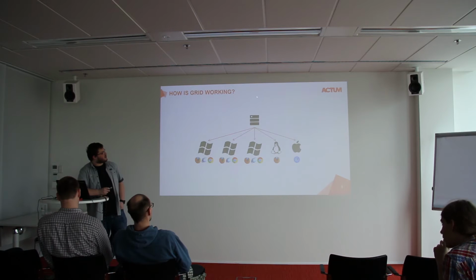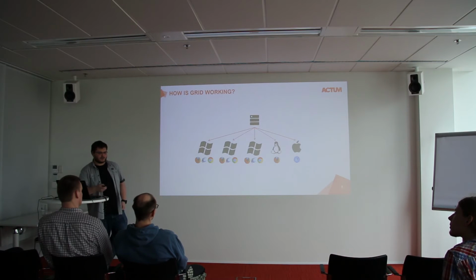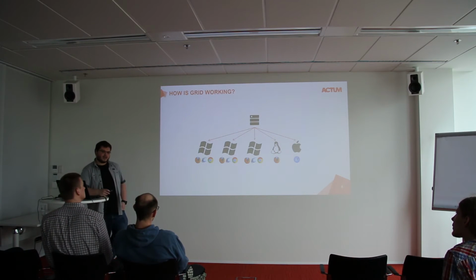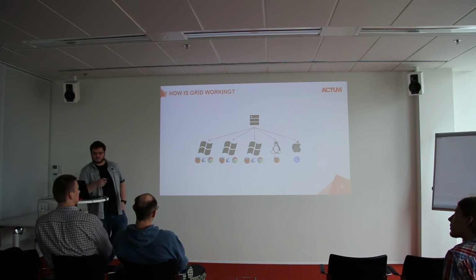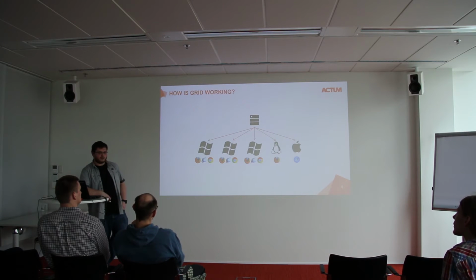So you send the test to the hub. The hub knows the nodes registered to it, and it will select a node with the capabilities you desire. So it will know you want to run it on Firefox, on Windows. It will select this node and send the test to the node.